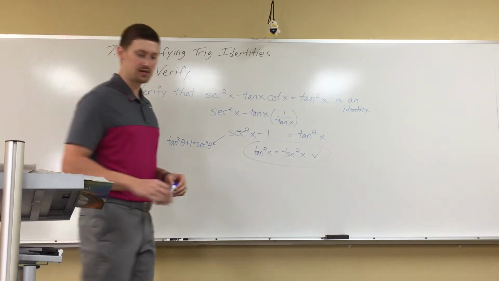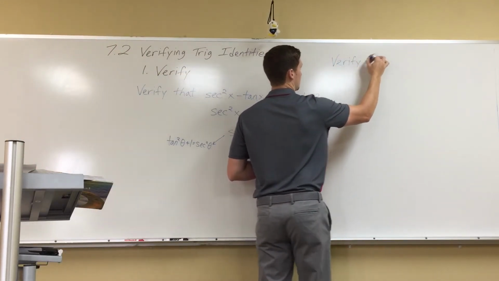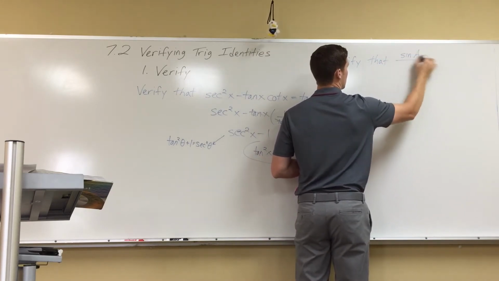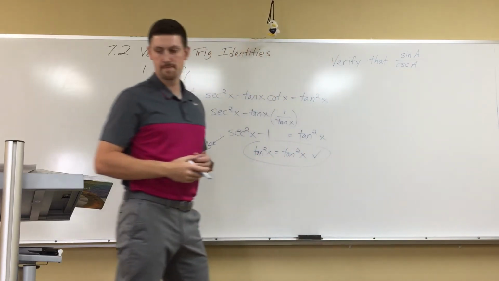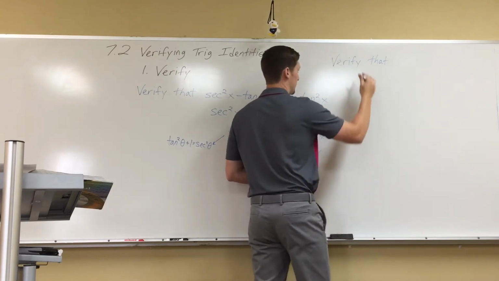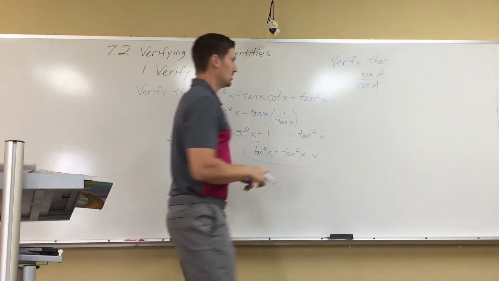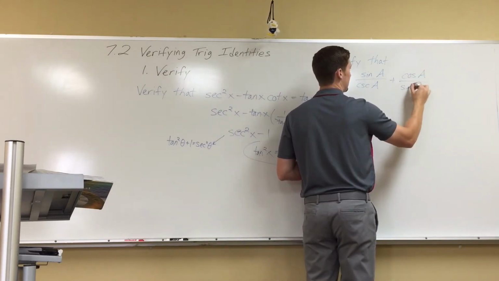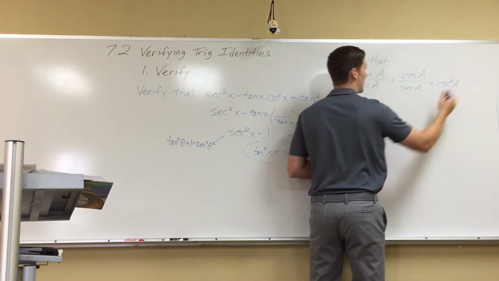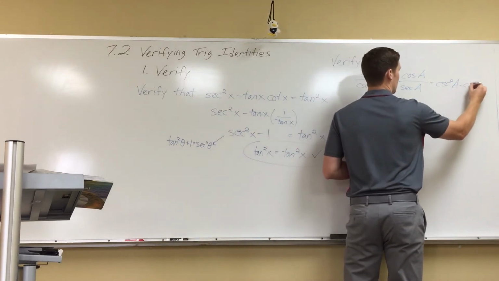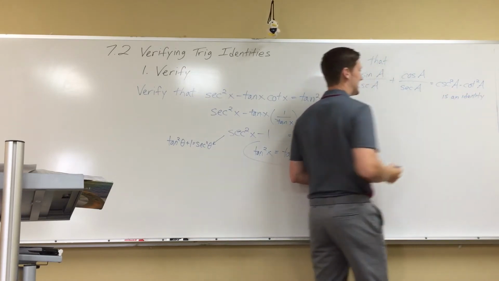Let's go a little bit more to the right here. Verify that sine of A over cosecant of A plus cosine of A over secant of A equals cosecant squared A minus cotangent squared A. Verify that this is an identity.